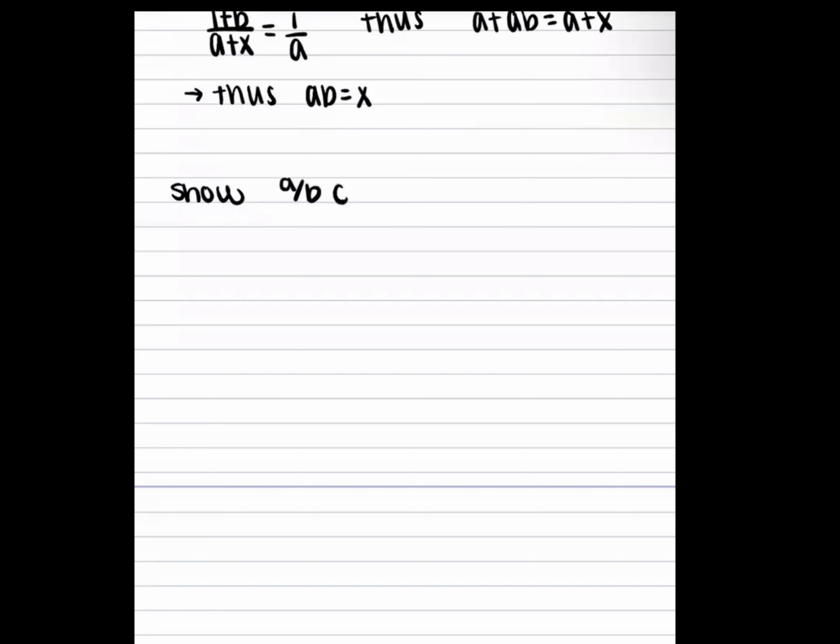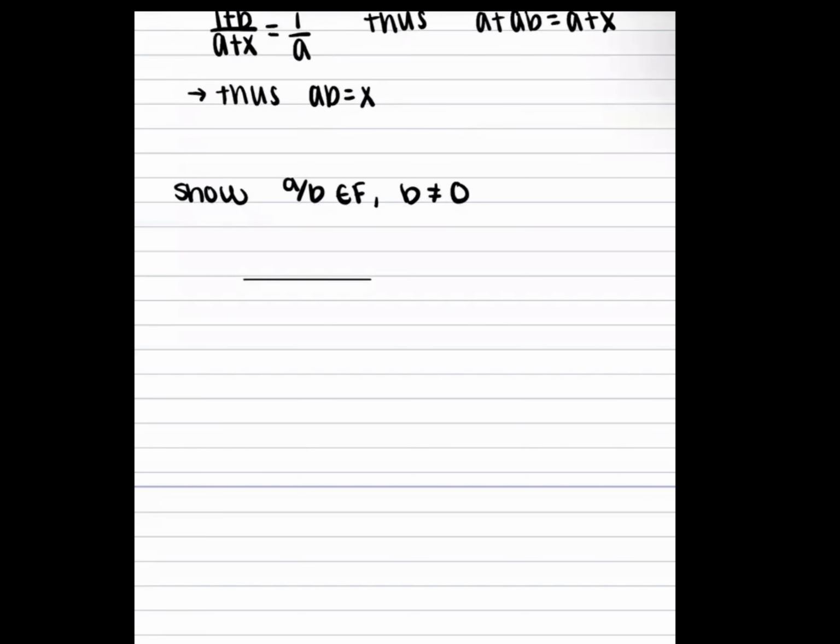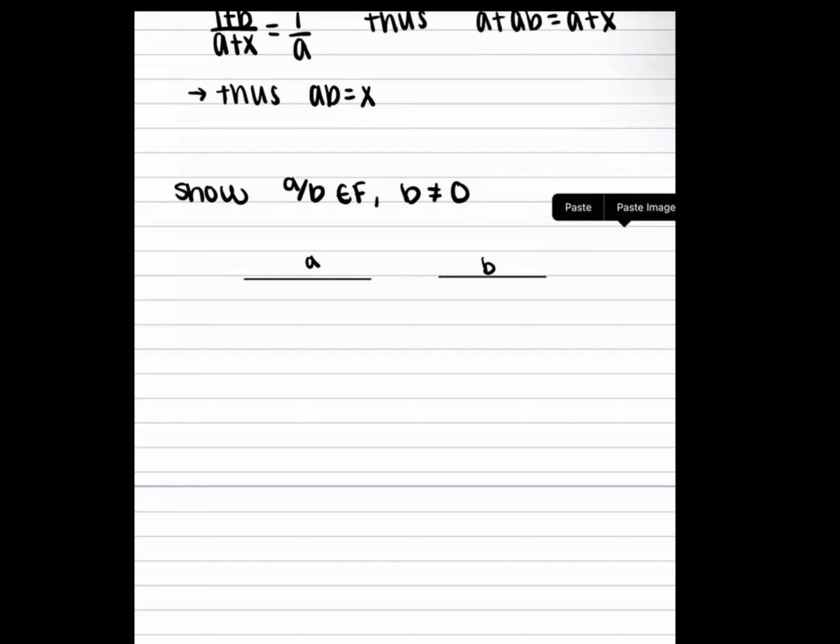So now we're going to be showing that A divided by B is constructible, again, where B is not equal to 0. So we're starting off with our 2 line segments with lengths A and B. And we've already shown that we can add these 2 line segments again to get a line segment of length B plus A. We can again use our straight edge to create some line off of the end point of that line segment and mark with our compass where length 1 is.